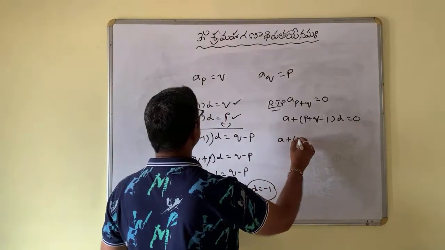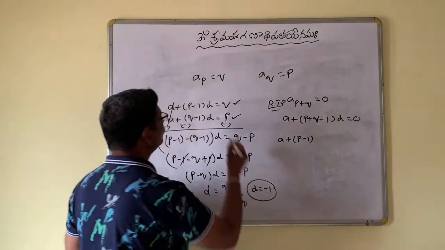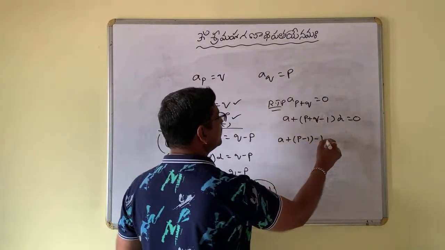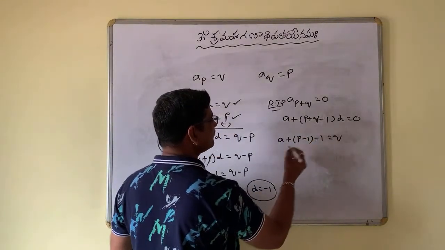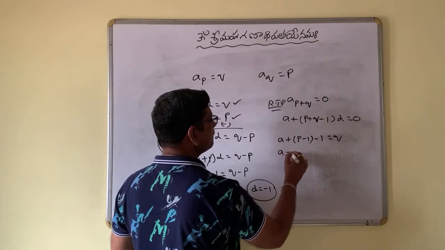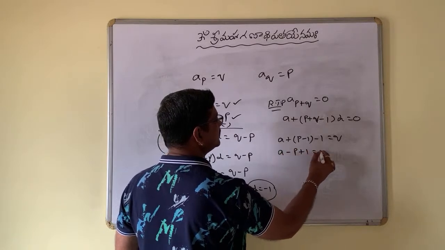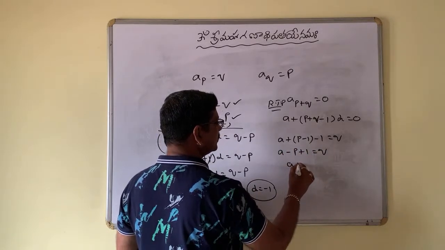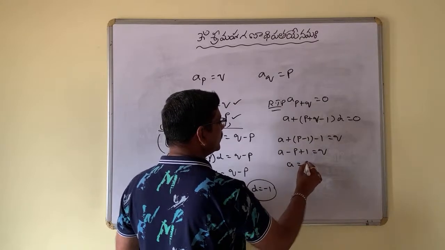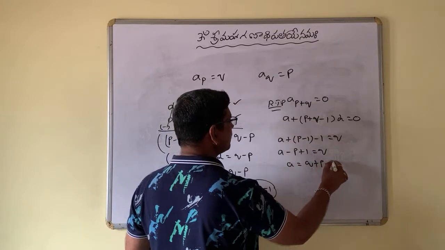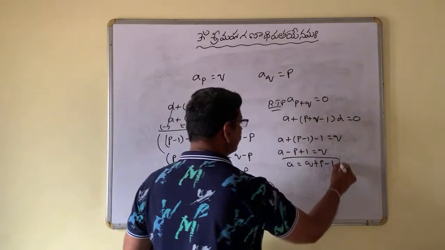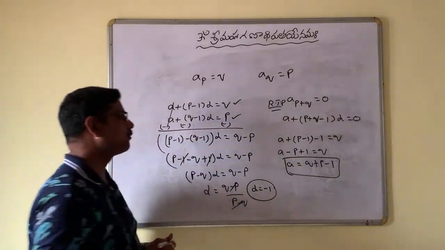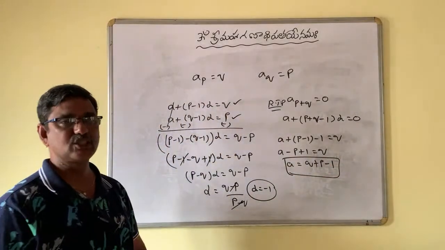A plus (P minus 1) into D, with D negative 1, is equal to Q. Simplify: A minus P plus 1 is equal to Q. So A is equal to Q plus P minus 1.